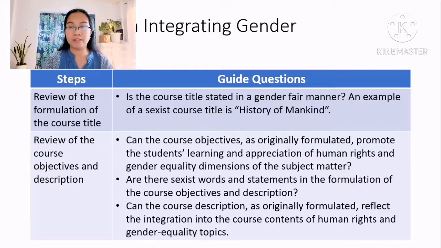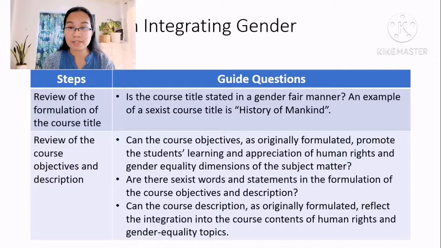Do we have or do we use sexist terms or words? We can check into that. And the course description as originally formulated reflect the integration of course topics na pwede, like there are social sciences subjects na pwede nating i-integrate ang human rights discussion and gender equality policies.